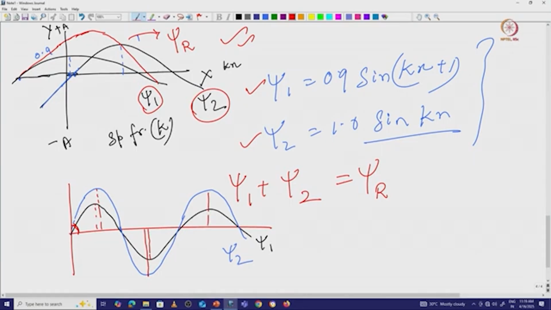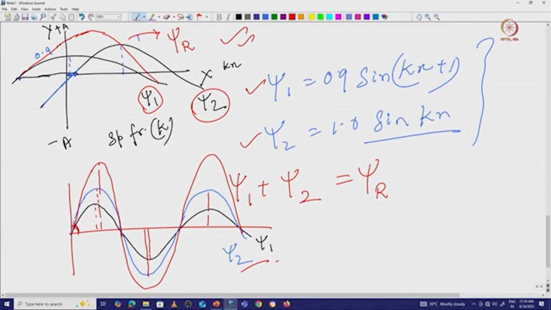In this situation, we add both the waves together and get a resultant wave in the same position, because there is no phase difference between these two waves, and its amplitude will be much higher than both wave 1 and wave 2. Okay, this much is clear.